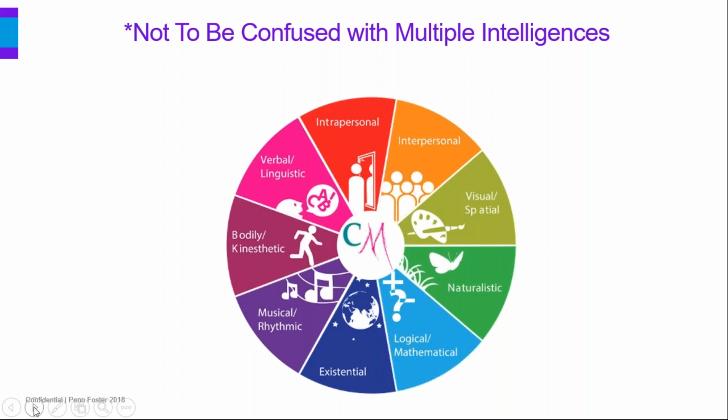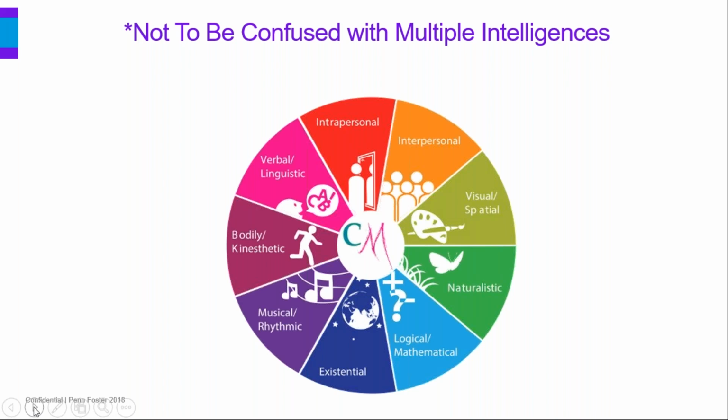One other thing it's important for us to recognize when we're looking at those learning styles: it doesn't mean that we learn exclusively through one learning style. It's more of a preference than anything else. Some of us are heavily visual learners, but we can also learn through auditory and kinesthetic senses as well.